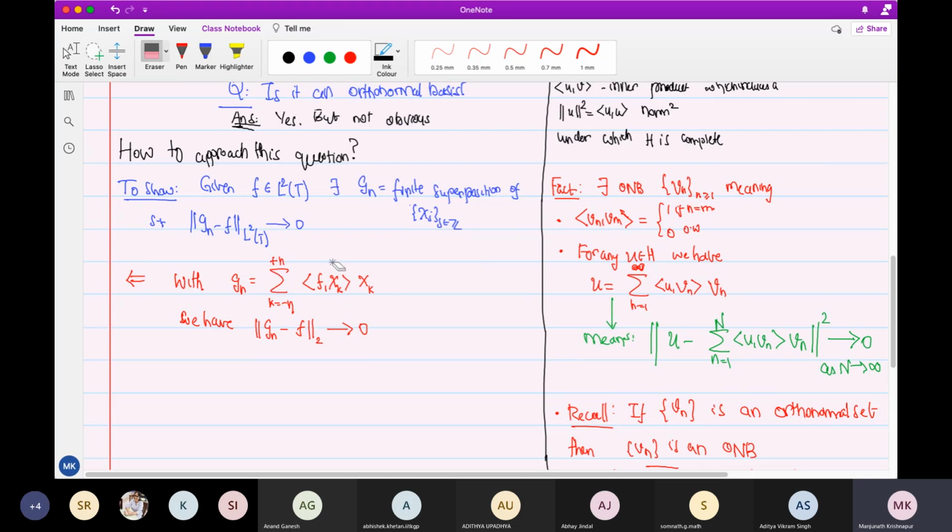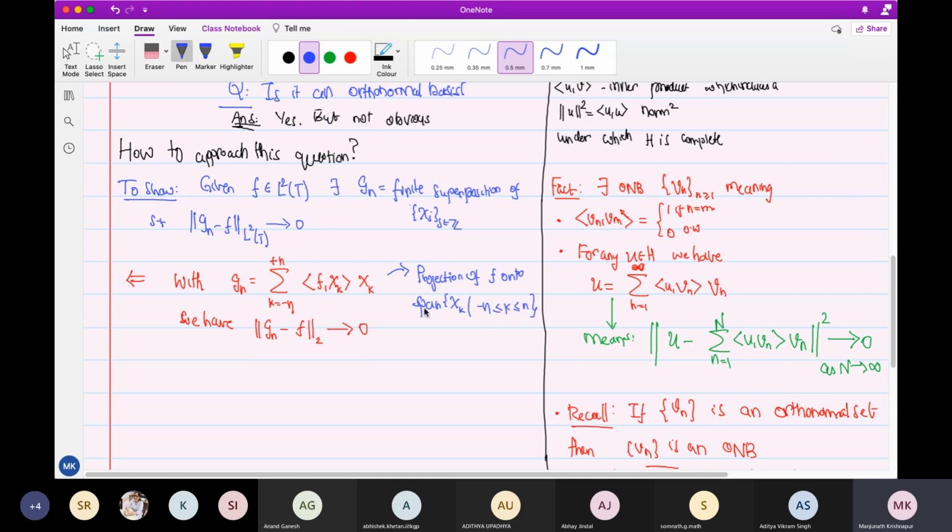This is really the projection of f onto the span of chi k with minus n less than or equal to k less than or equal to n.